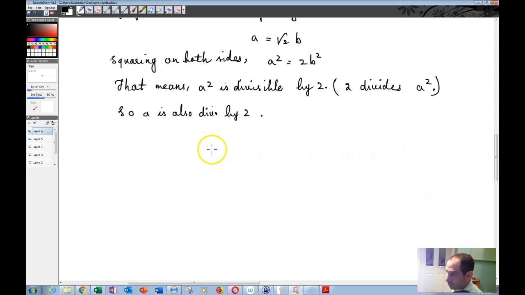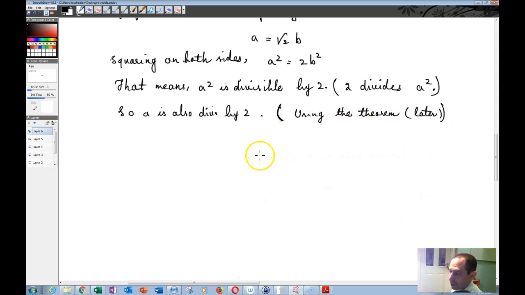So what that means, using the theorem for later, basically we'll talk about that later.